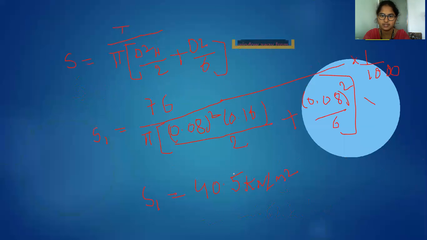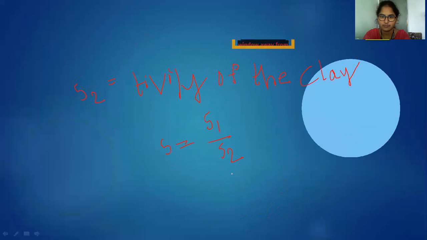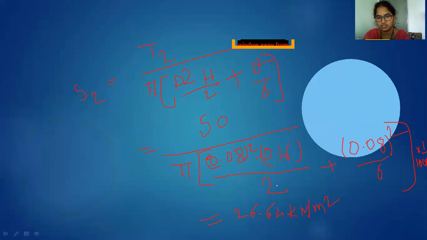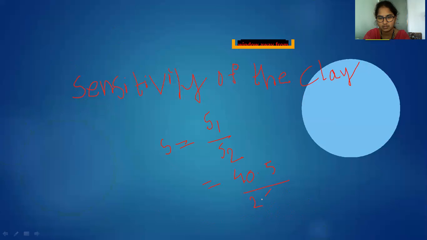What's the value of S1? 40.5 by S2, which is 26.64. So now calculate the sensitivity of the clay. S is equal to 1.52. This is the answer, sensitivity 1.52.